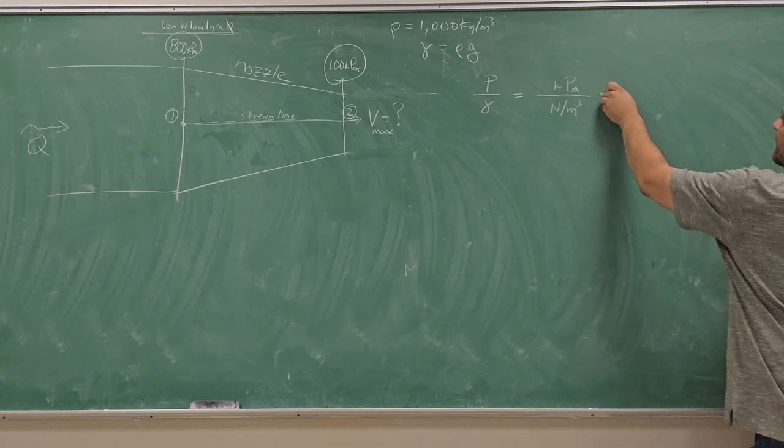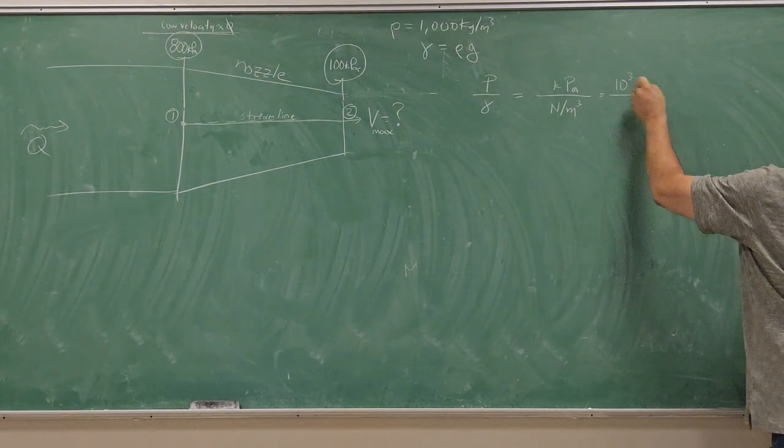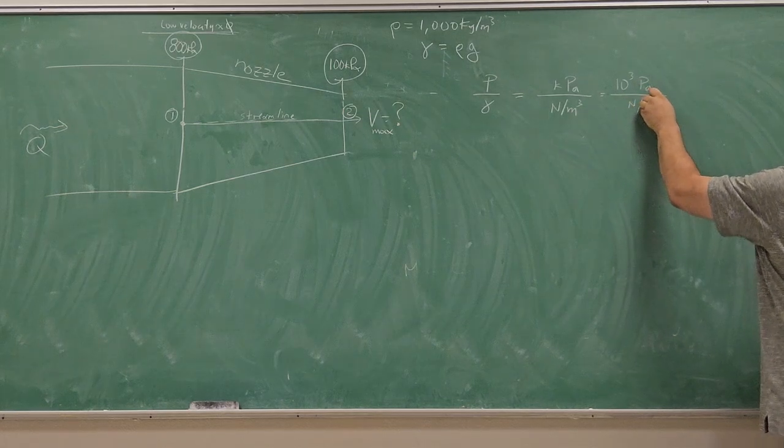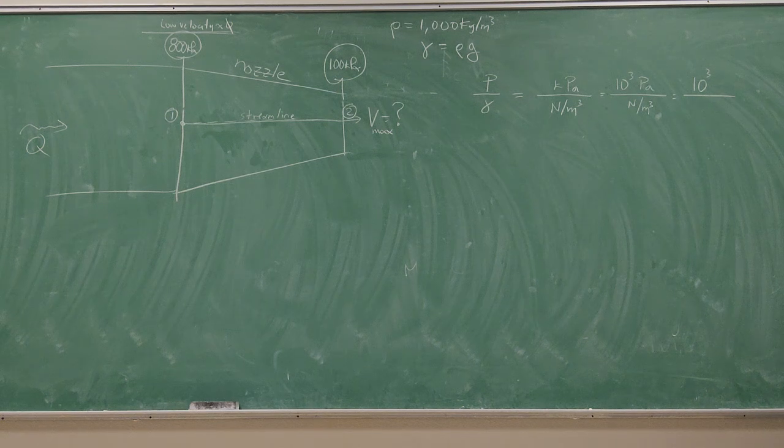Look what's gonna happen. Kilopascal is 10 to the power of 3 Pascal. What is 1 Pascal equal to? Newton per meter squared.